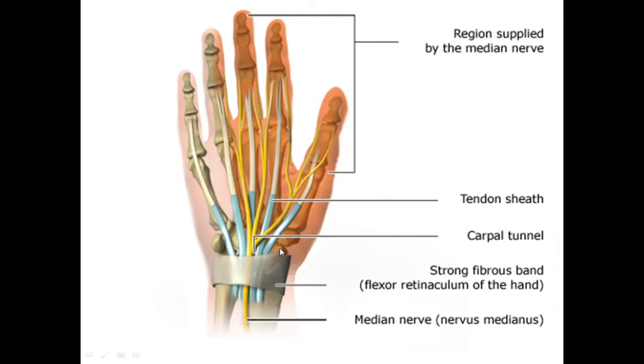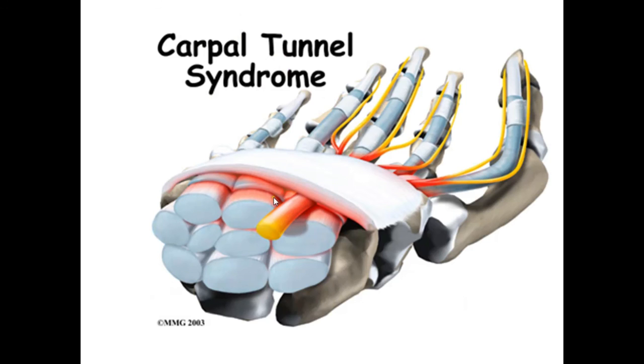So the motor supply of the thenar eminence is through the median nerve. The median nerve passes deep to the flexor retinaculum, and if the nerve gets interrupted there, it causes thenar atrophy and paralysis of the muscles, or sensory or motor entrapment in the distribution of the median nerve.